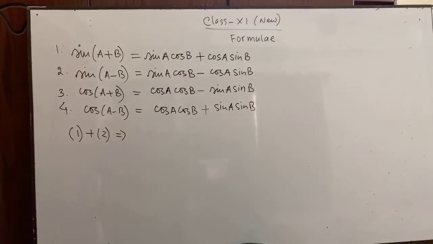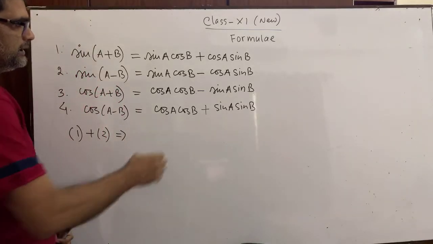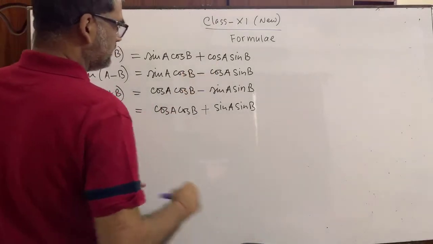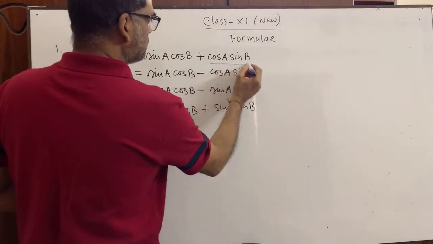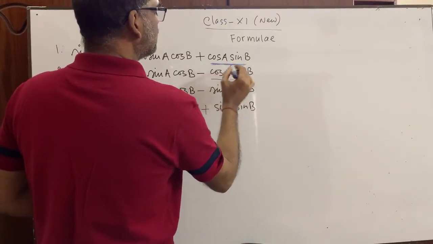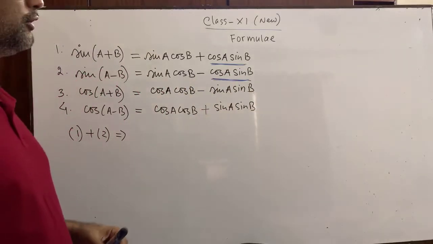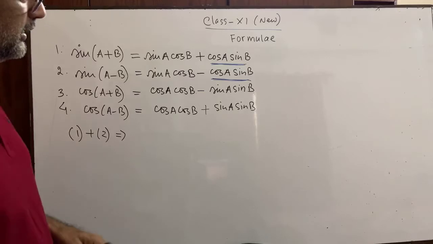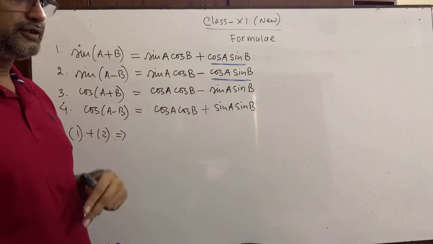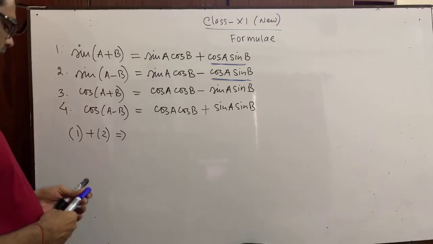Can you please tell me? By adding 1 and 2, this and this will be omitted. They two are equal and in opposite sign, plus and minus, so they will be cancelled. So what will be left?